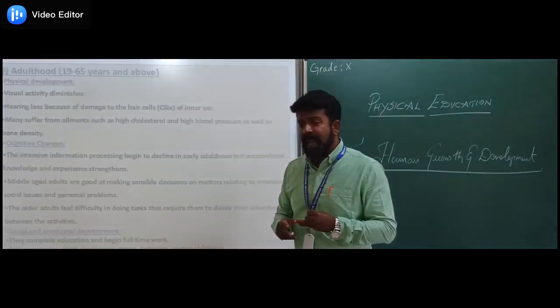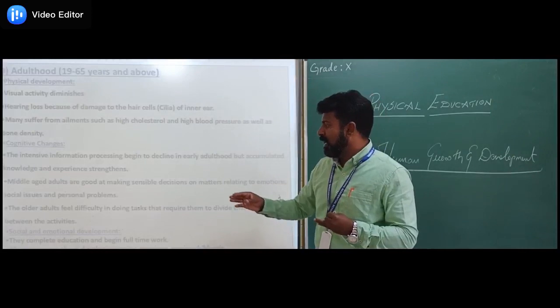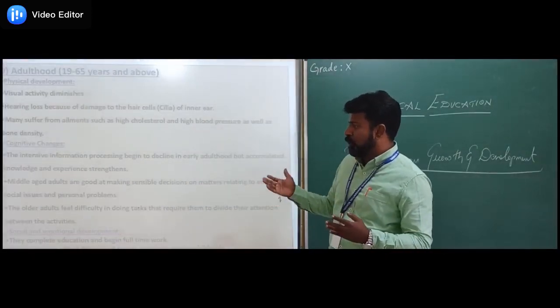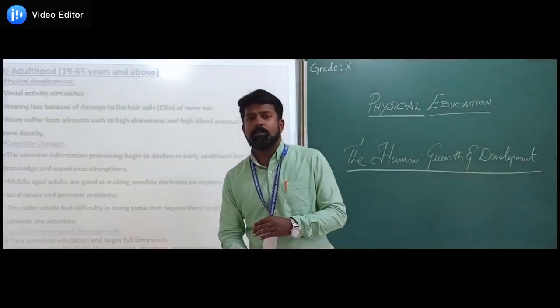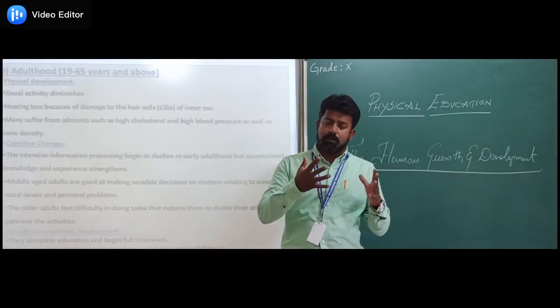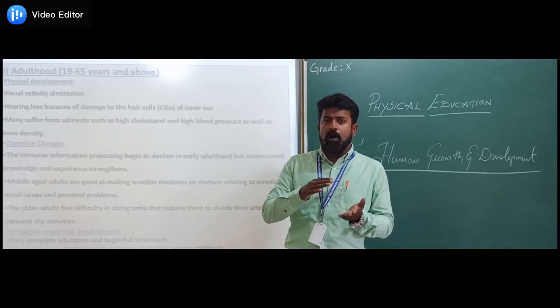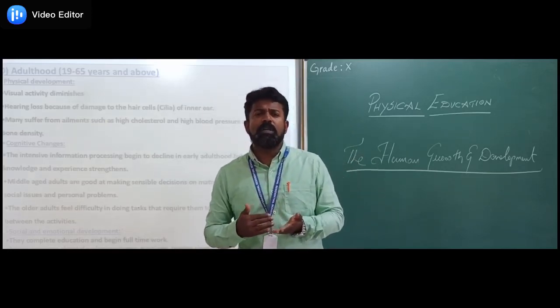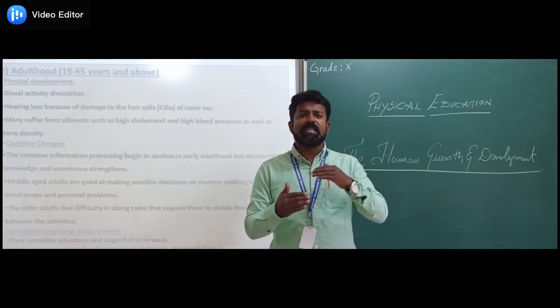Next up, middle-aged adults are good at making sensible decisions relating to emotional, social issues and personal problems. Nowadays, younger people could not take failure in the same way as success.